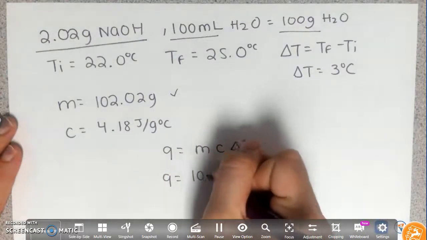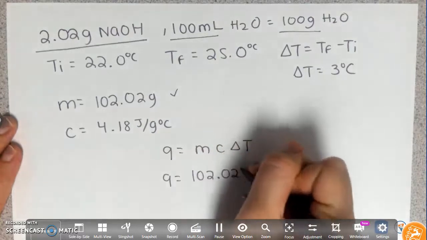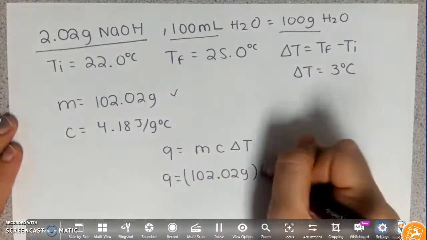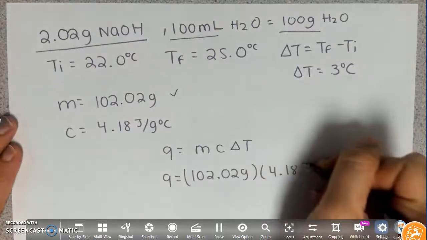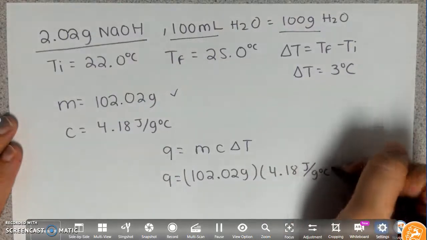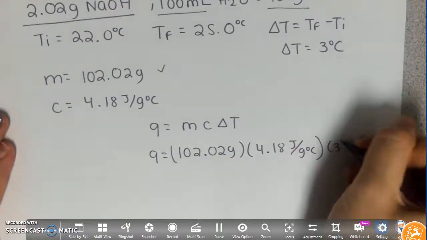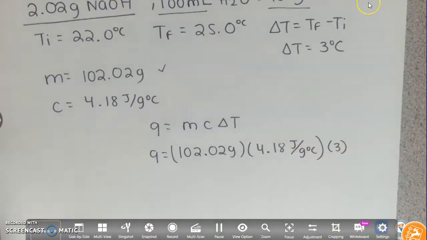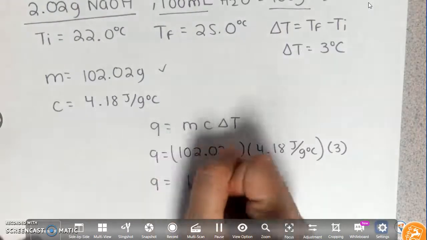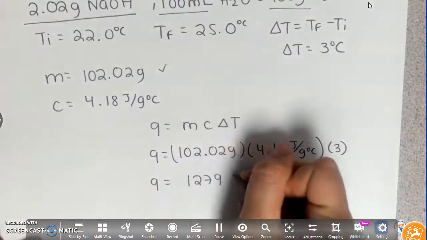My mass, 102.02 grams times the specific heat, 4.18 joules per gram times degrees Celsius, times my delta T, which was 3. And I multiply all of those. And that gives me Q equals 1279 joules.